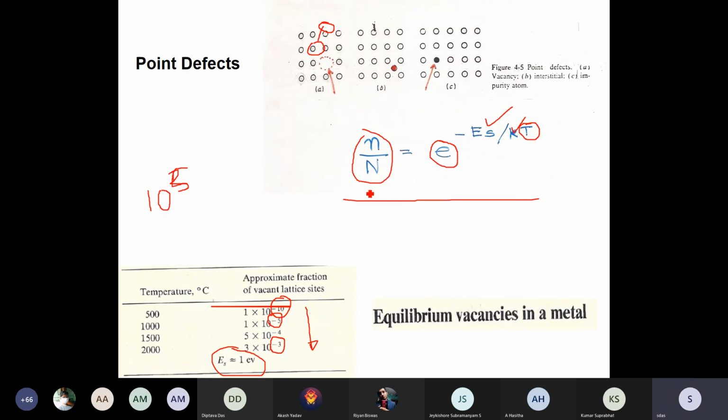So if you want to make a change in a system, you keep it for a long period of time, it will change. But if you increase the temperature by a minute amount, there will be a significant change in the rate. So any transformation is a linear function of time, but an exponential function of temperature.